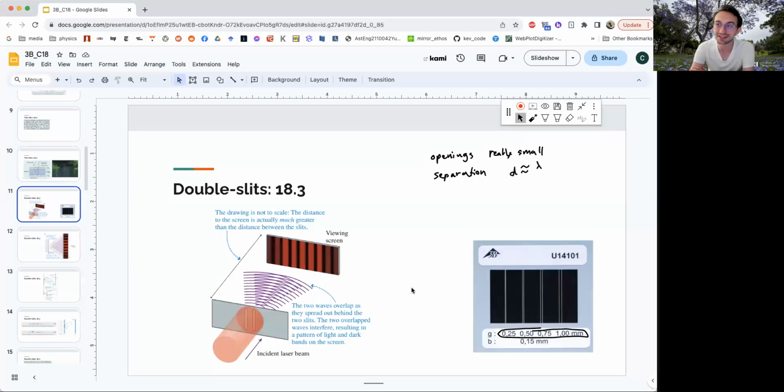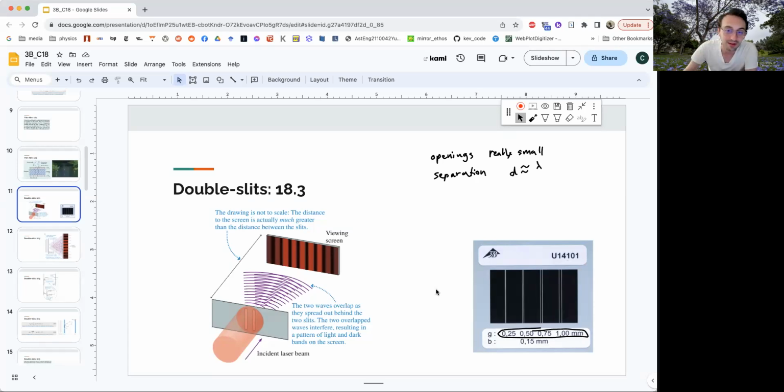But you can also make a sound double slit. You could do this with ocean waves just by putting some rocks in the water as the waves pass by. And you can even do this with subatomic particles because of quantum mechanics. They actually also act like waves, which is something you'll learn more about in 3C. And so we can do a double slit with single particles if they're very small quantum things.